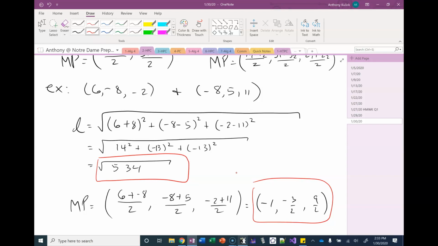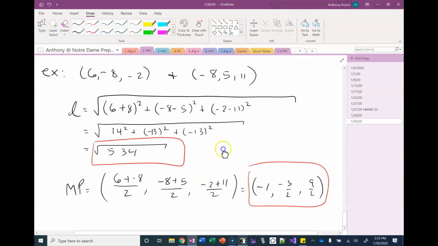What do you guys think? Not bad? Okay, let's stop here.